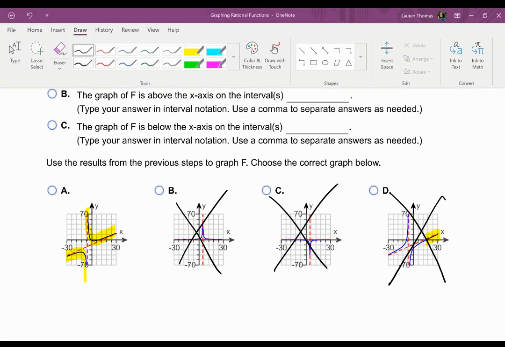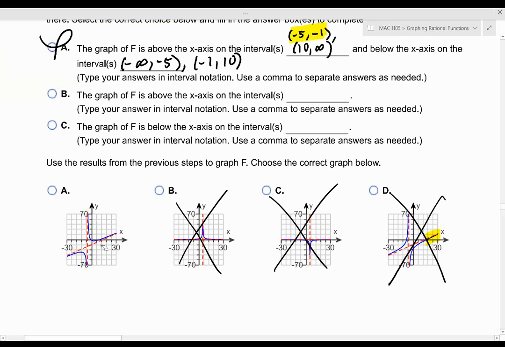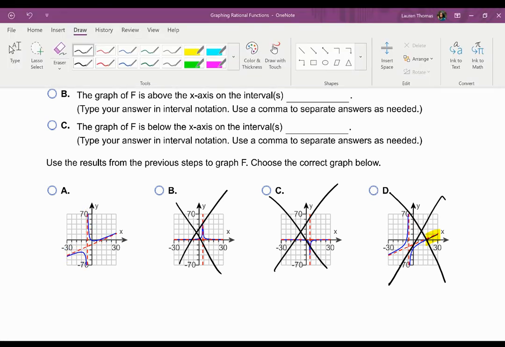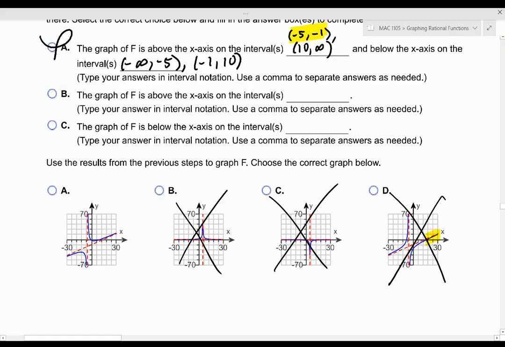So our interval said we should be above the x-axis from -5 to -1. So let me do that in a different color so you guys can see. All right, we should be above from -5 to -1. So that's here. So we're above the x-axis there. We should also be above from 10 to positive infinity.